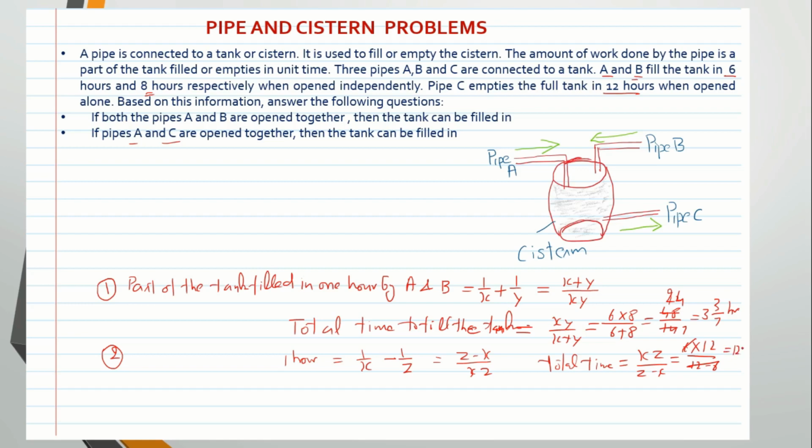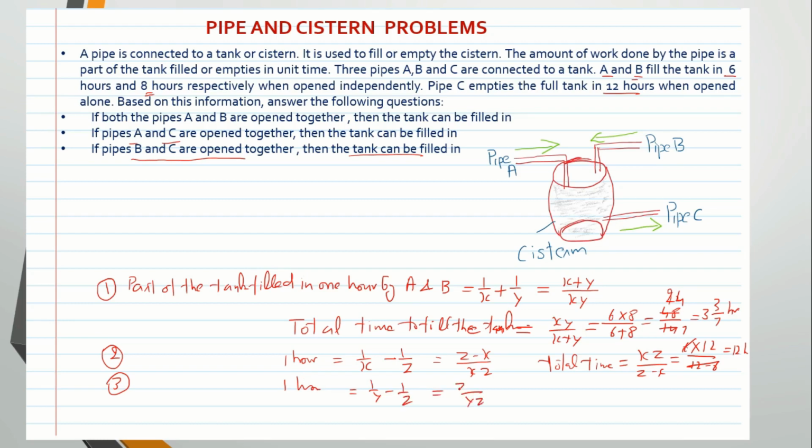Now the third part is, if B and C open together, then the tank can be filled in. So in that case, again the part of the tank filled in 1 hour is 1 upon Y minus 1 upon Z. You just do a similar calculation here also.